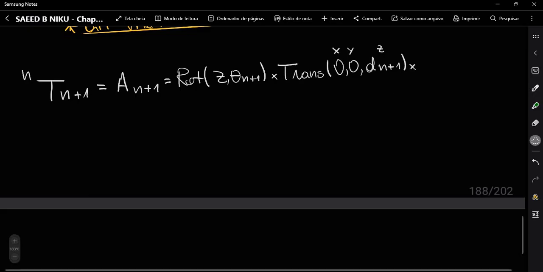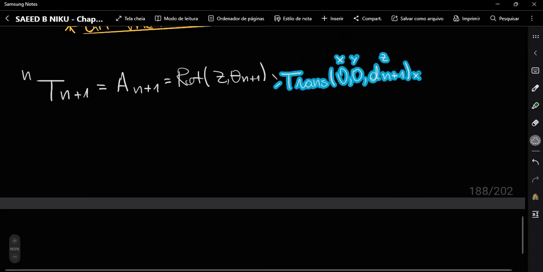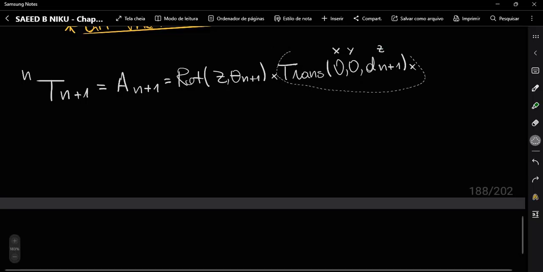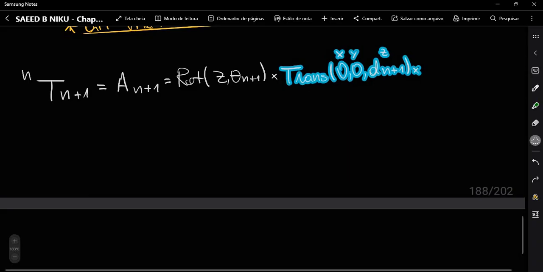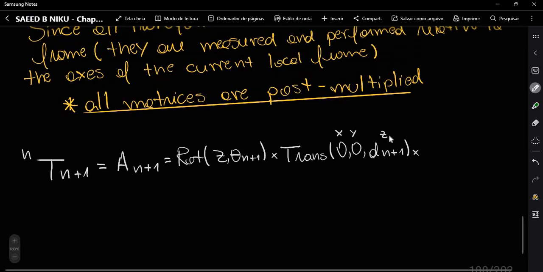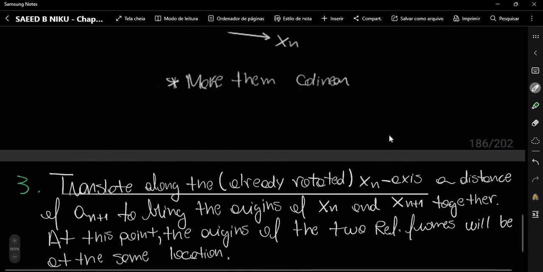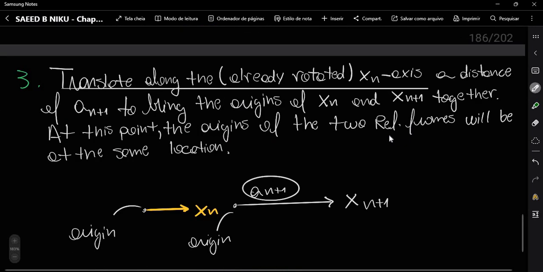And another transformation, the third transformation, which is a translation alongside the xn axis, a distance of a n+1.